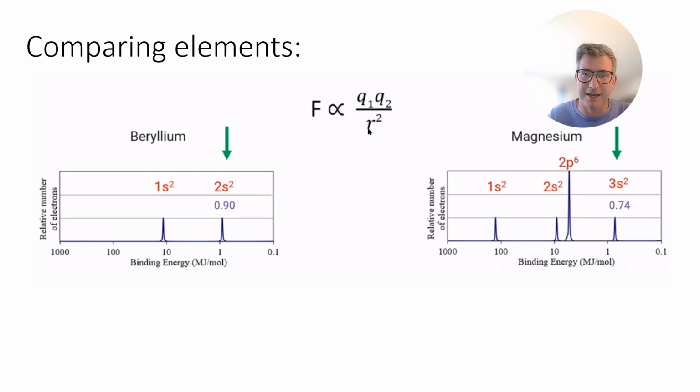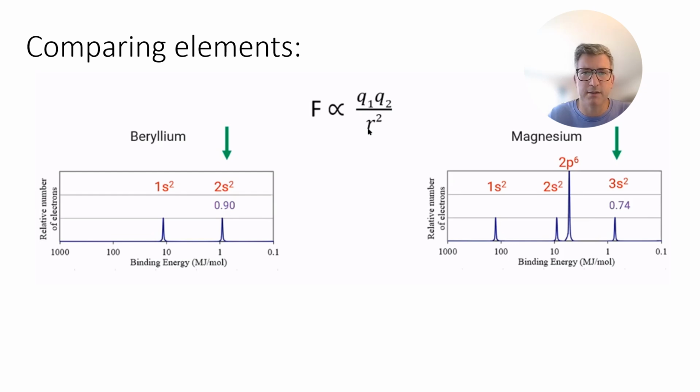And if we look at why magnesium's valence electrons have a smaller binding energy, well, we've got a couple of reasons. One main reason is that it's in the 3rd energy level.